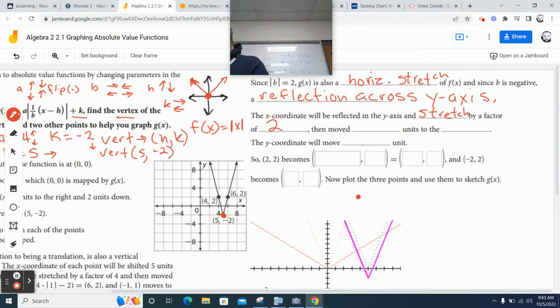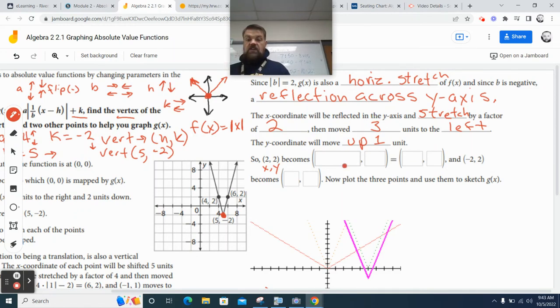Then moved 3 units to the left, and the y-coordinate will move up 1 unit. So then this is an x value, this is a y value, so this is how you would do this manually.